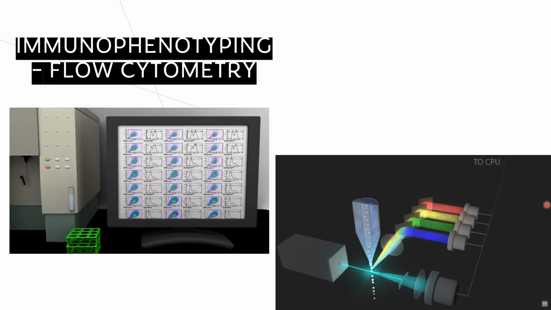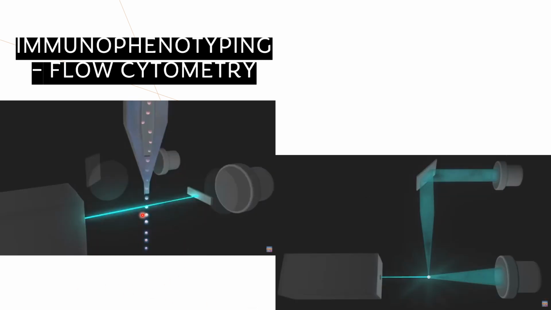So what we check using flow cytometry is the size, granularity, and the surface and intracellular antigens found. This is an example of how the cells are analyzed through flow cytometry.